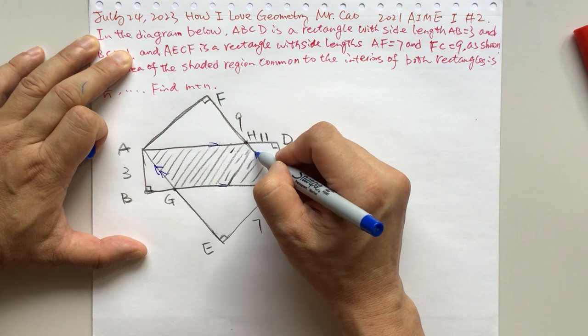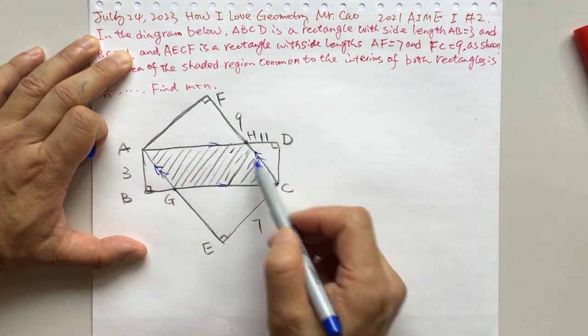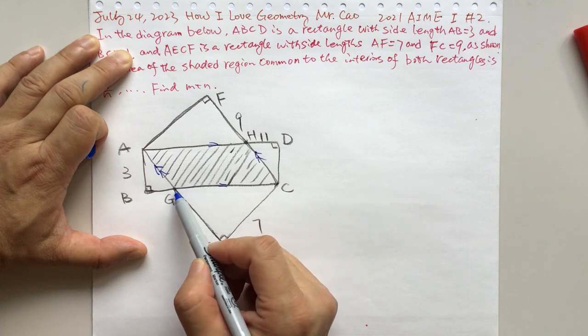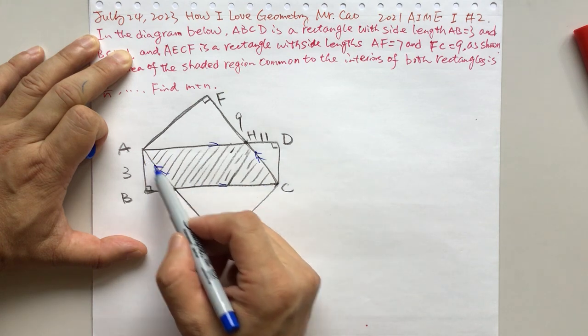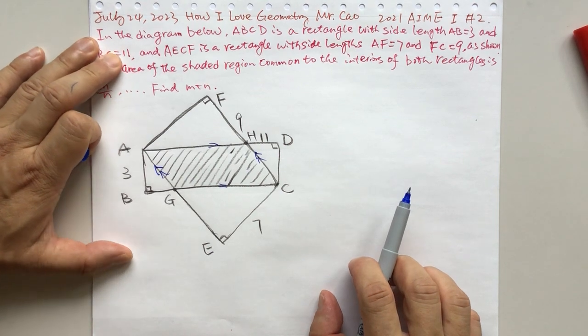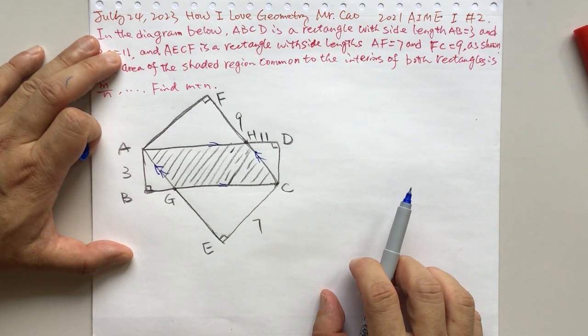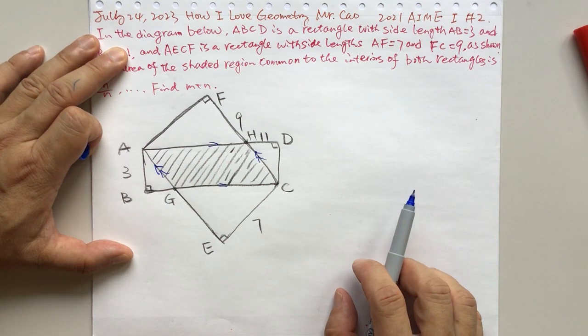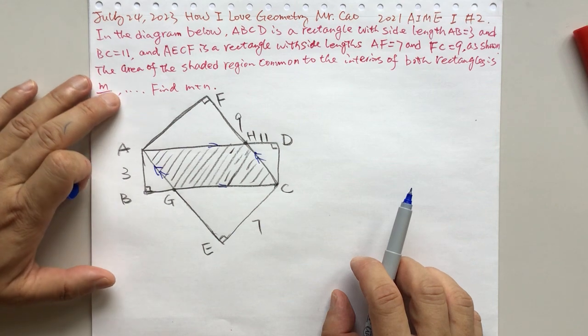So it's a parallelogram, which means AH equals GC and AG equals HC. Here we have a lot of parallel lines and right triangles, so I think we can use the main idea, similar triangles.